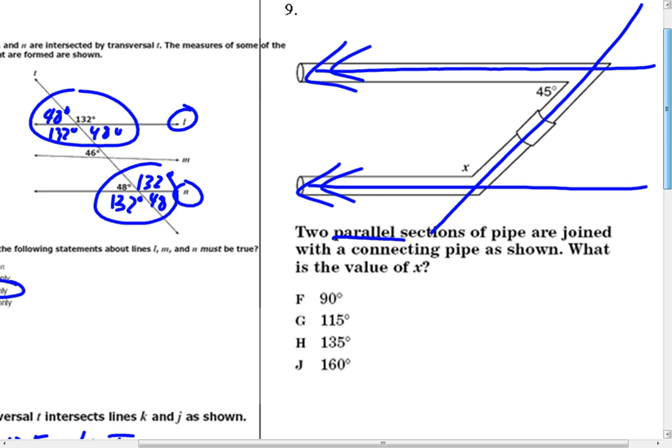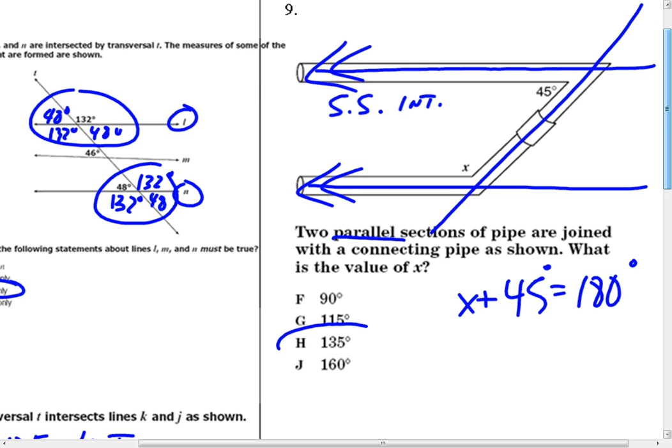What kind of angle pair are we looking at? Same side interior. Consecutive, which we just said were supplementary. So in your head or on paper, you're thinking of that equation. Do a little subtraction. H will be 135.